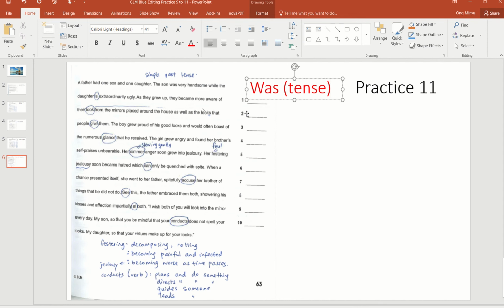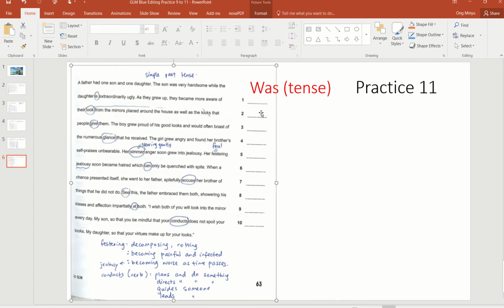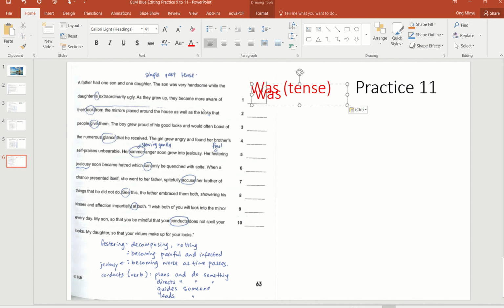There tells you that it's in plural form, therefore it should be looks. So this should be in plural form. Small letter, looks.